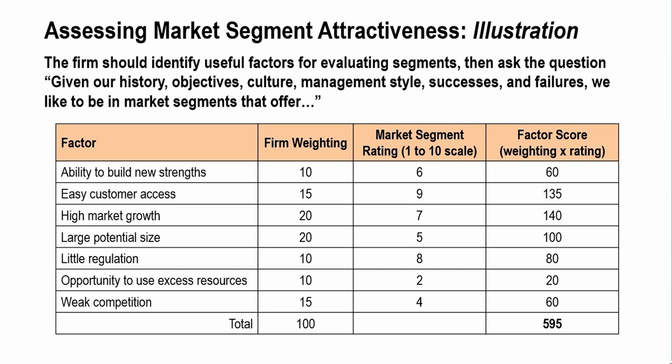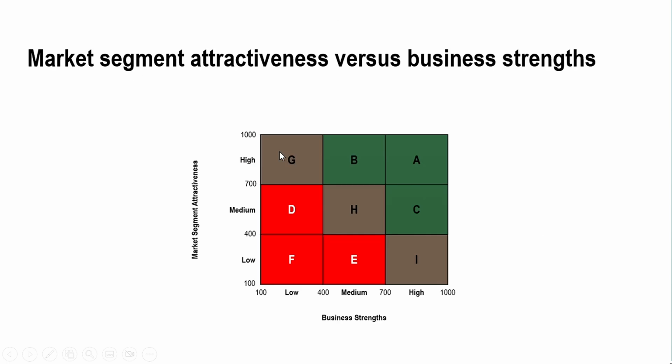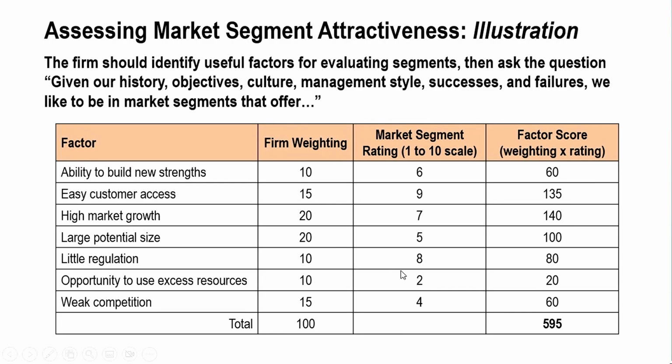Now, this is actually a quantitative way. If you compare this with the previous diagram, then which segments will be in the red or which segments will be in the green, another way of determining that is with respect to this factor and weight combined with market segment rating.